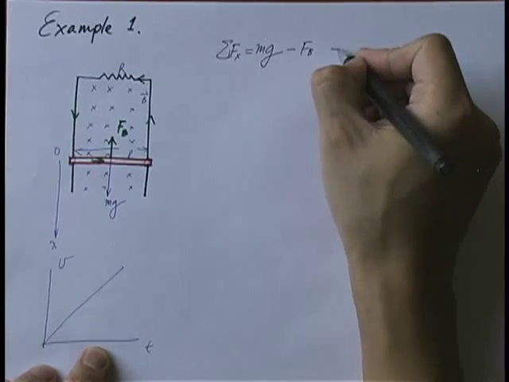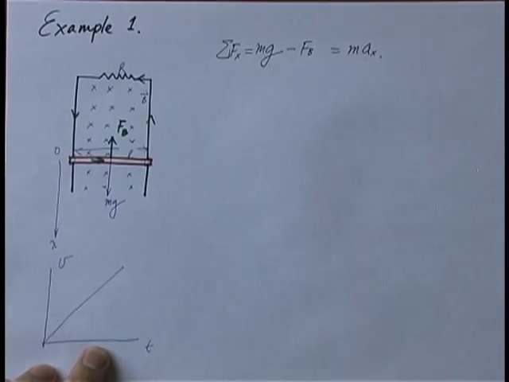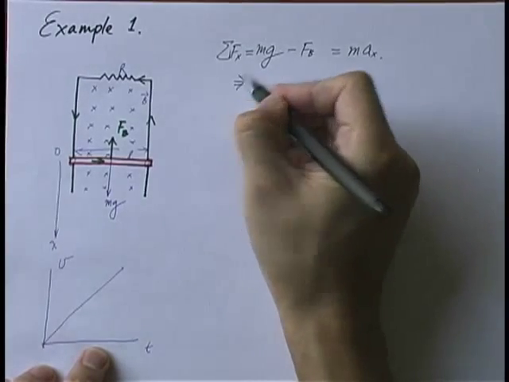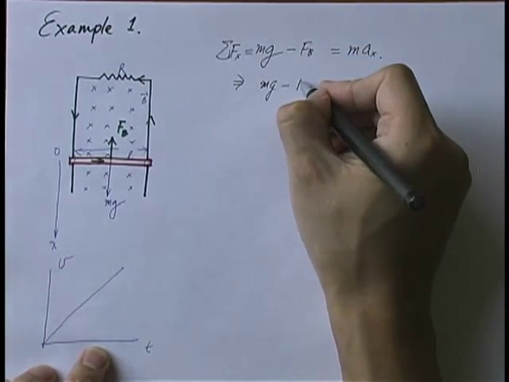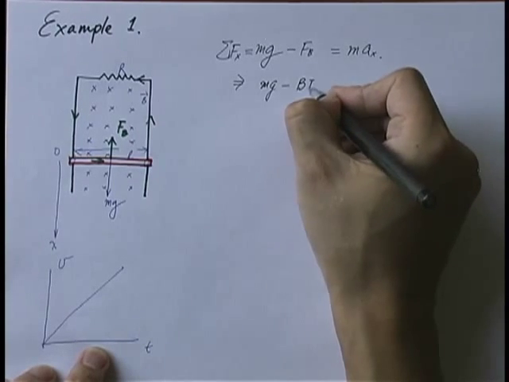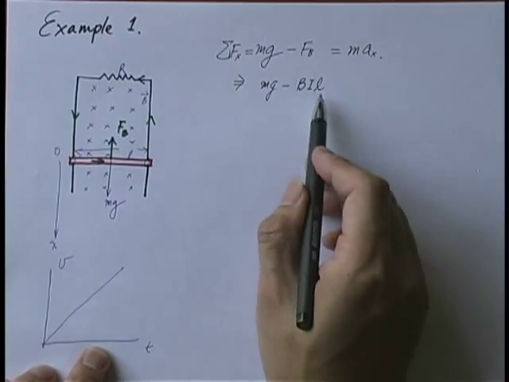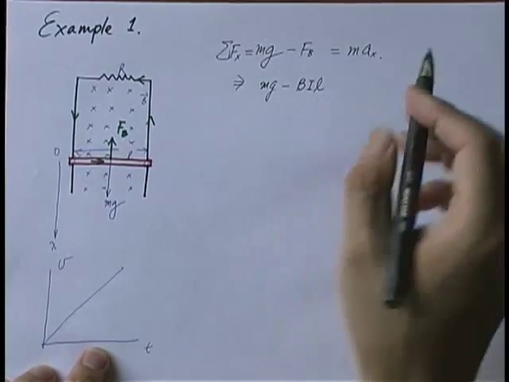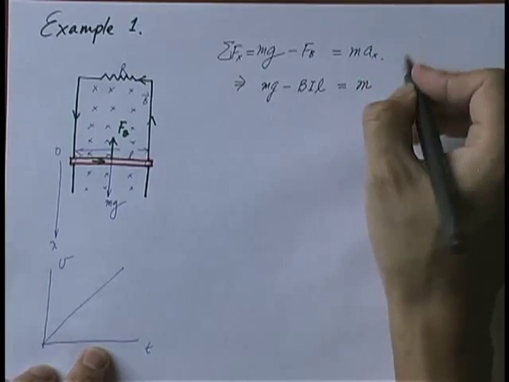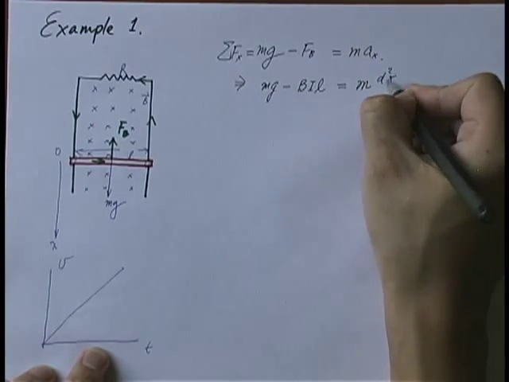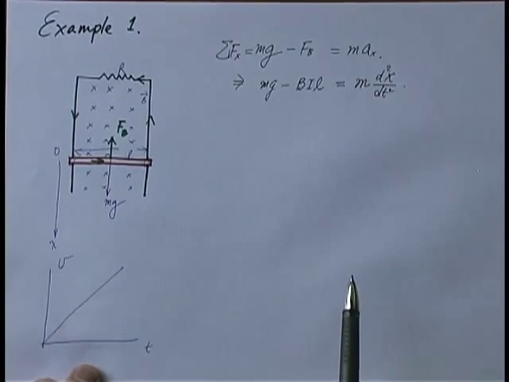Shouldn't that be equal to mass times acceleration, ma_x? Elaborating, mg minus F_B, which is BIL, where L is the length. That's from chapter 29, so review that. mg minus BIL equals mass times acceleration. I can rewrite acceleration as the second derivative of x with respect to time.